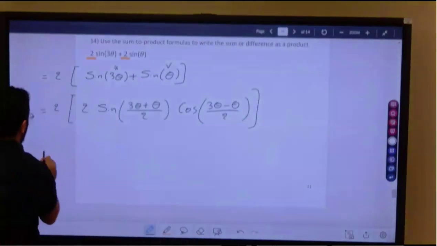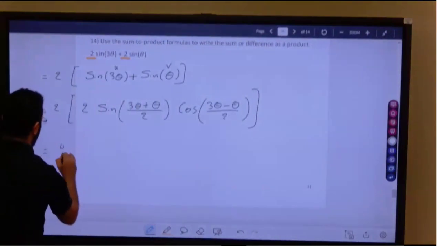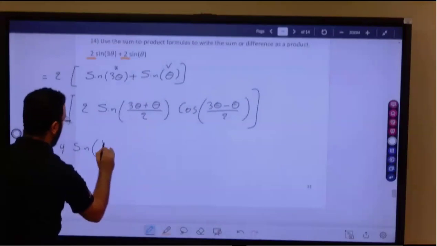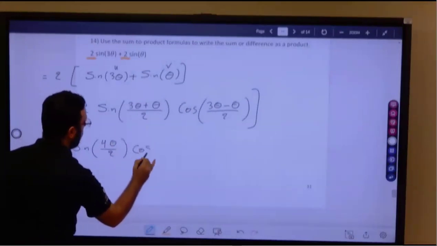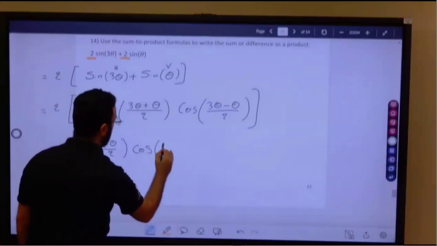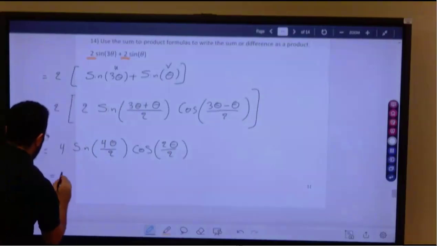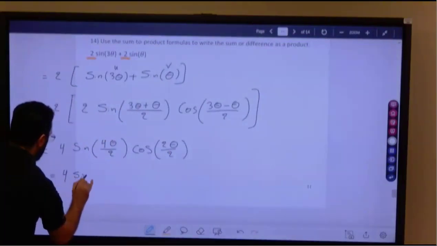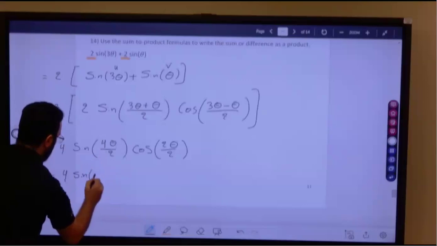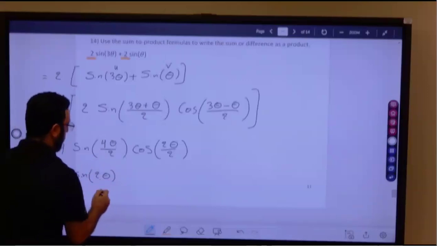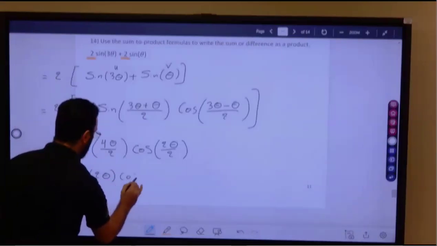In this case, 2 times 2 is going to be 4, and here's sine 4 theta divided by 2, cosine 2 theta divided by 2. And then it's going to be 4 sine 2 theta cosine theta.